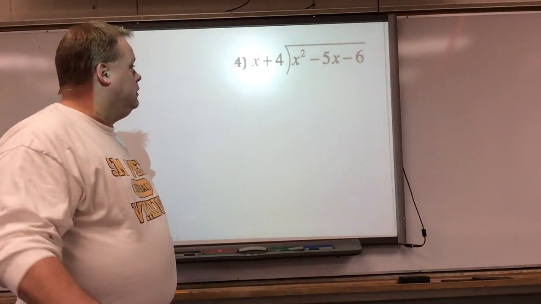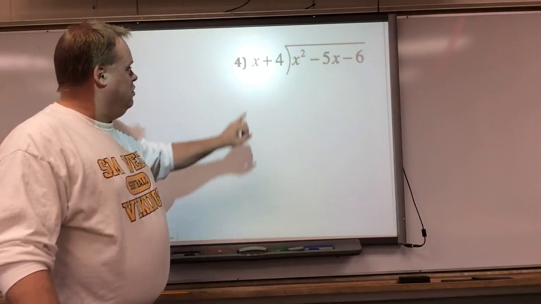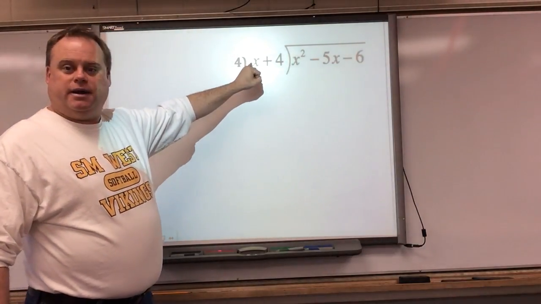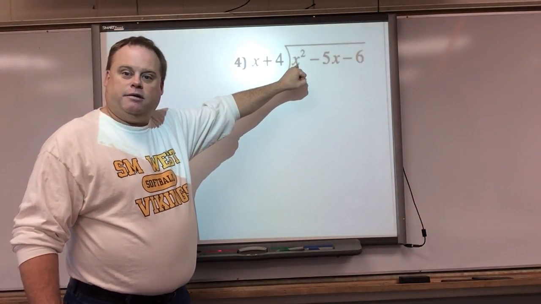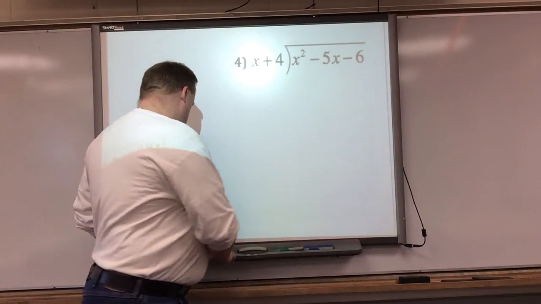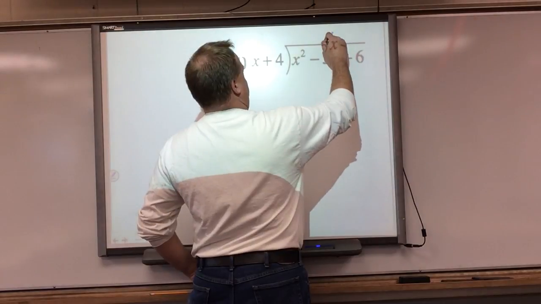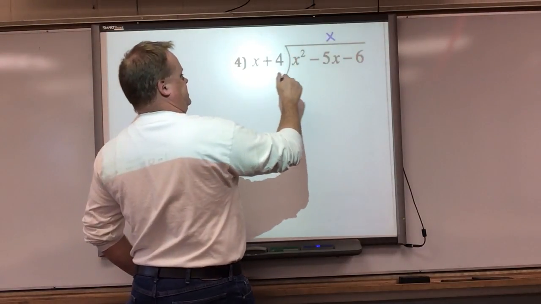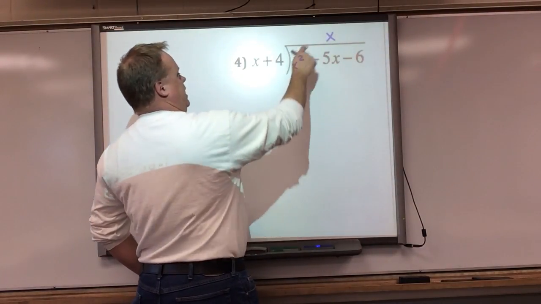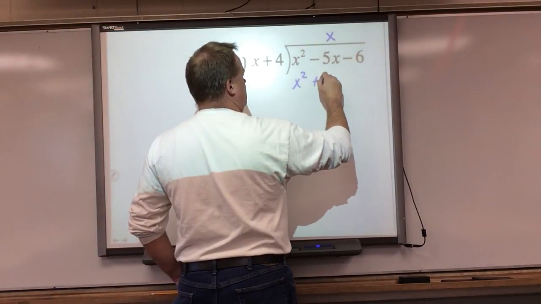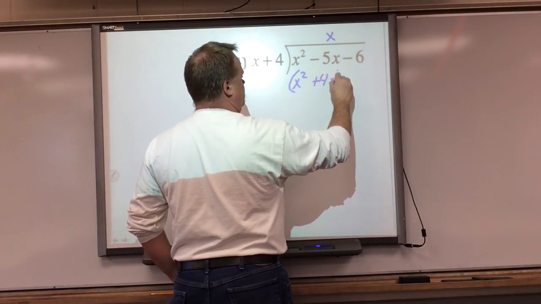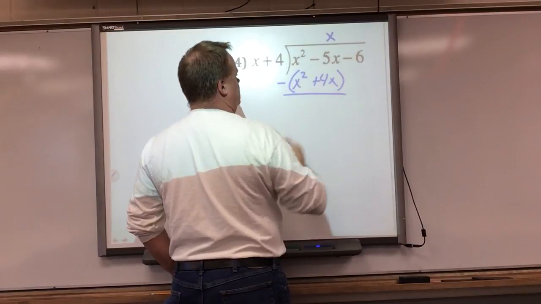All right, once again, first step. What do I have to multiply this x by to make it x squared? X. Great. Let's do a different color this time. So this is going to be x. X times x is x squared. X times 4 is 4x. Put inside parentheses, and subtract.